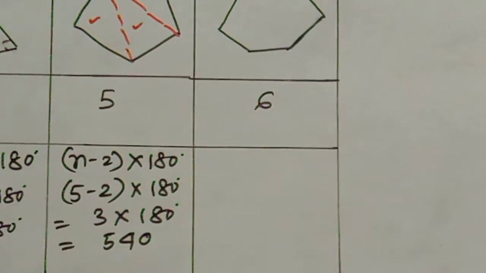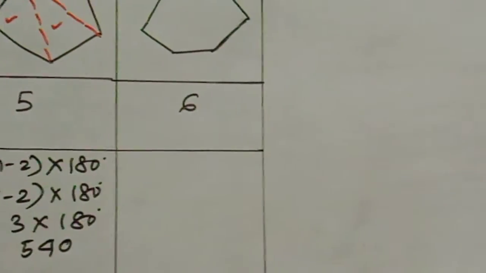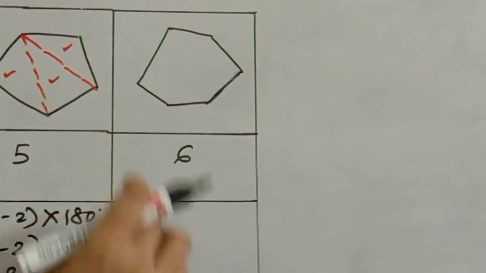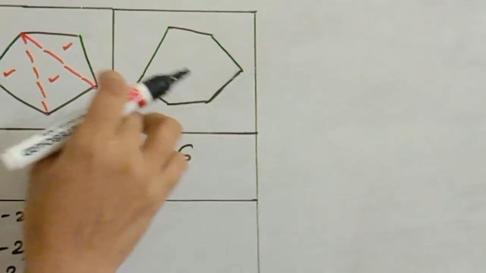Now come to the next figure. A 6-sided polygon is named a hexagon: 1, 2, 3, 4, 5, 6.